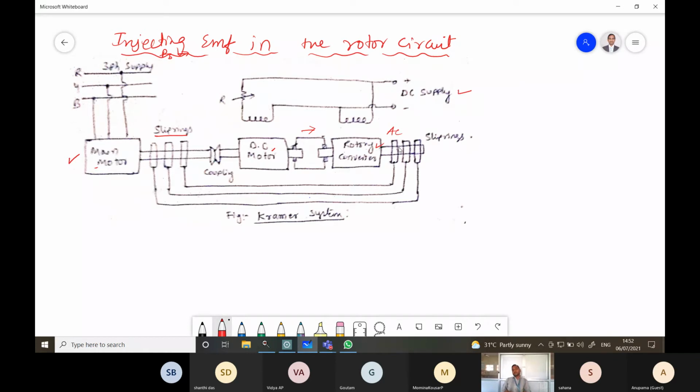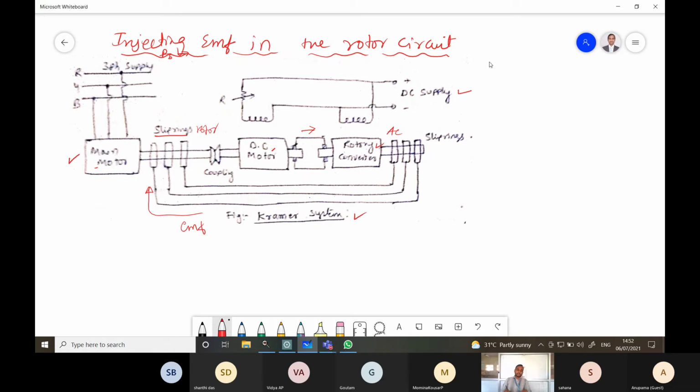So we are injecting the EMF back into the rotor circuit of the main motor, the slip ring rotor part. Depending upon how much EMF we inject, the motor speed will vary. This is called injecting EMF in the rotor circuit using the Kramer system method.